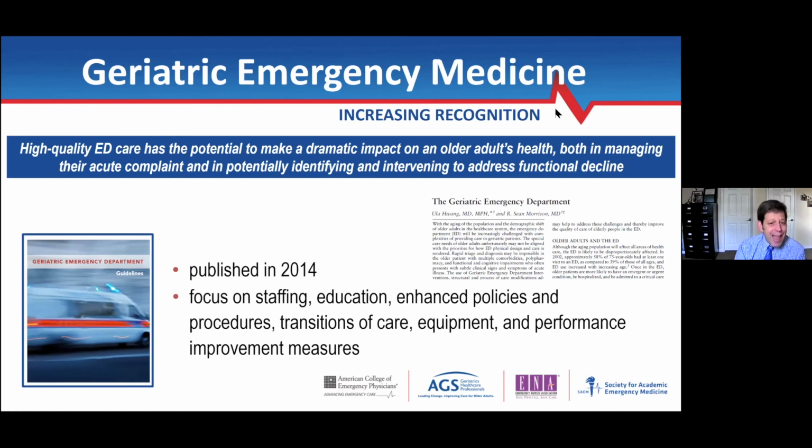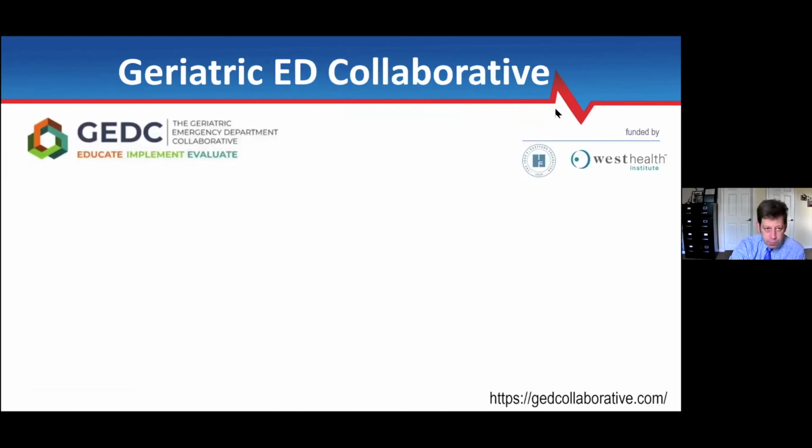They focused on staffing, education, enhanced policies and procedures, transitions of care, equipment, and performance improvement measures, all of which might improve care for older adults. Many of the leaders in our field worked on these guidelines.